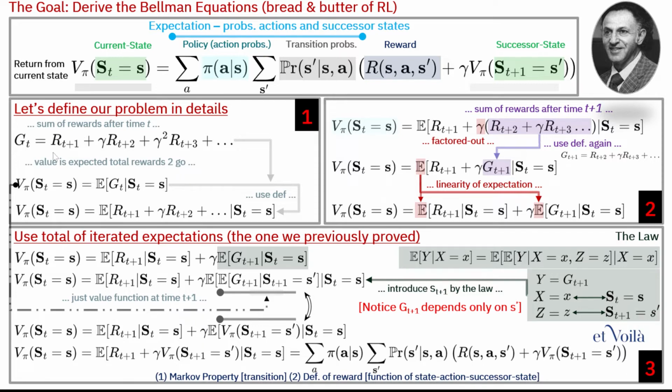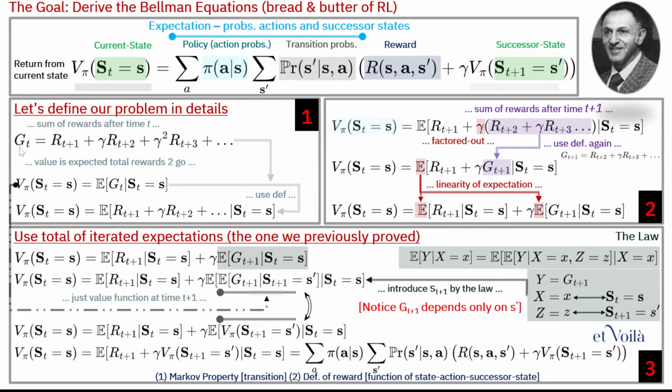If we substitute t by t+1 in this equation, we will get R_{t+2} plus gamma R_{t+3} plus gamma squared R_{t+4}, which is nothing but what you see in this purple box. So this is the sum of rewards after t+1, from that state t+1 onwards.